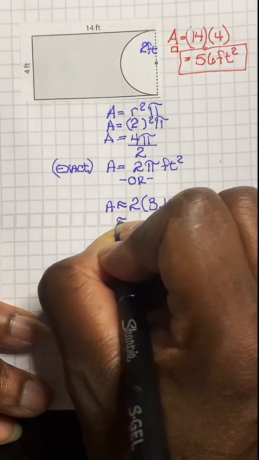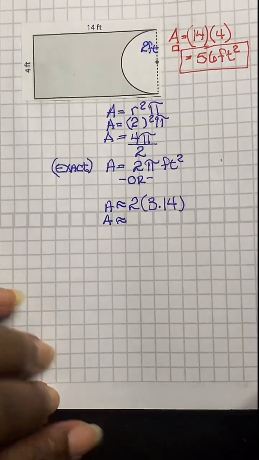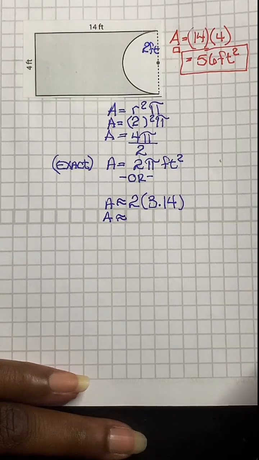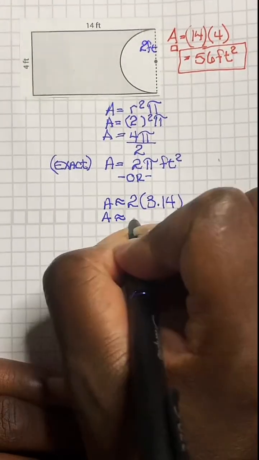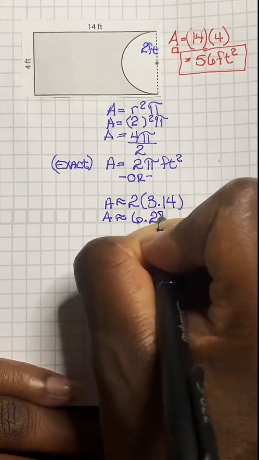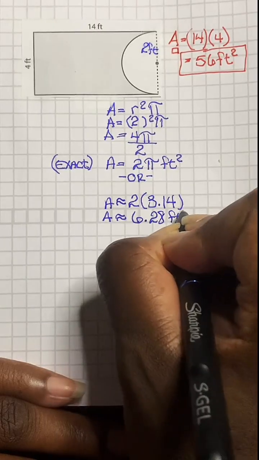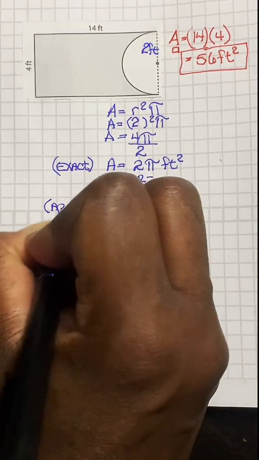What do we get? 6.28, good, 6.28. Okay, so this is my approximate.